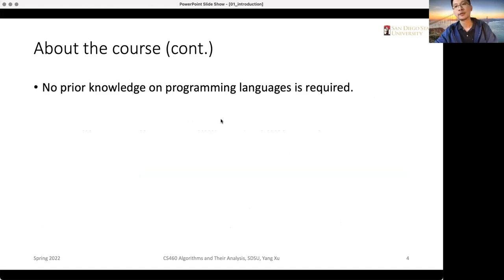So yeah, next point, it's an important point. For this course, there's no required prior knowledge of programming languages or preference over which programming language we should use. Okay.